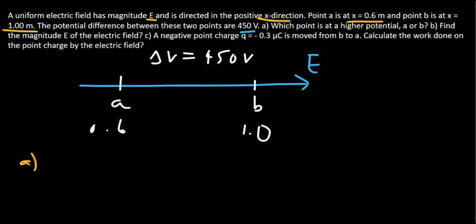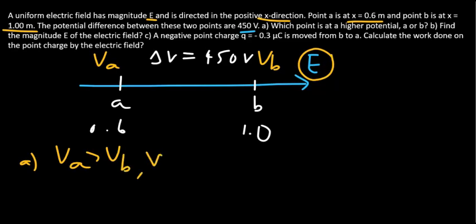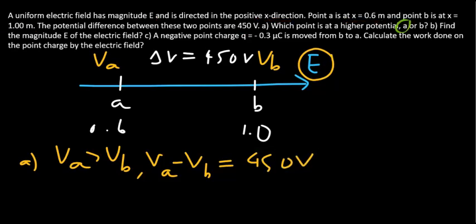So part A, which point is at a higher potential, A or B? Note that the electric field is going to the right, so VA has got to be greater than VB. So VA minus VB is 450 volts. So A is at a higher potential. Part B: find the magnitude of the electric field.